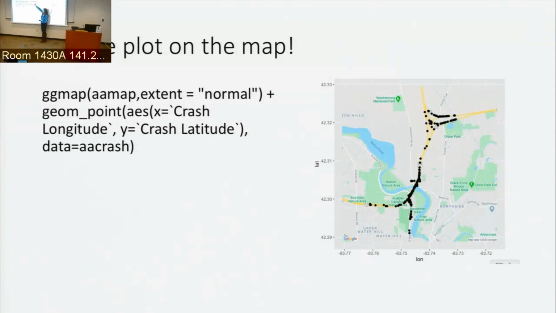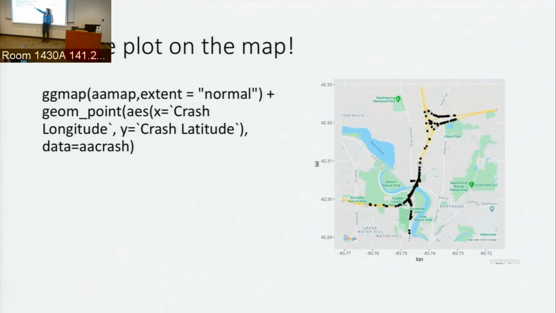After you've done that command, you're going to do a plus. So we're adding this layer of the geom_point. Again, we're not calling ggplot, we're just calling ggmap. But we're using the same code here to create that layer of the geom_point. So the aesthetics of the crash longitude and latitude are the same.